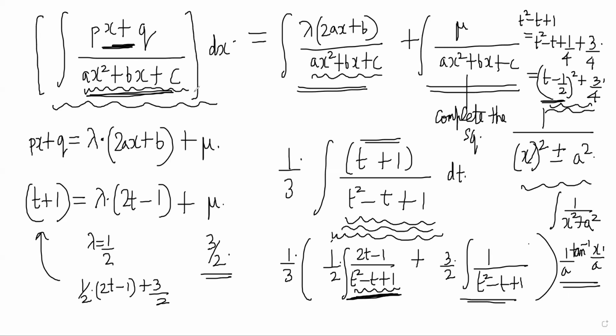This method is very important because many times you will see situations like this happening. Anytime there is a linear by quadratic, it is very simple. Try to write the linear thing in terms of the derivative of the quadratic, right? Okay, sir. I hope it is clear. Don't forget it now. Okay.